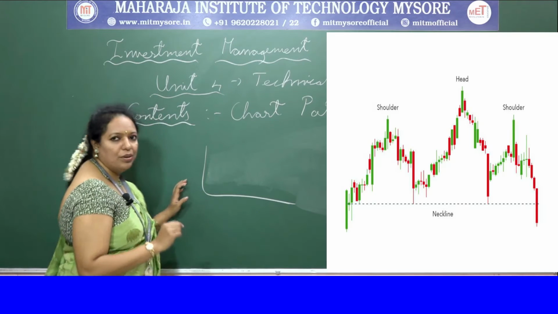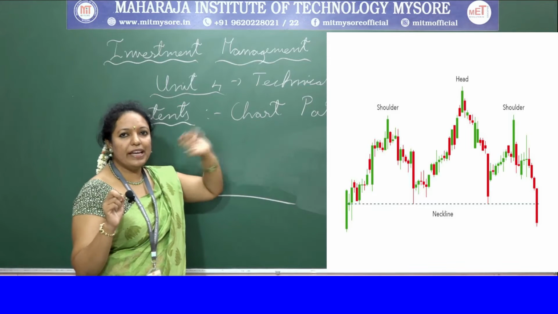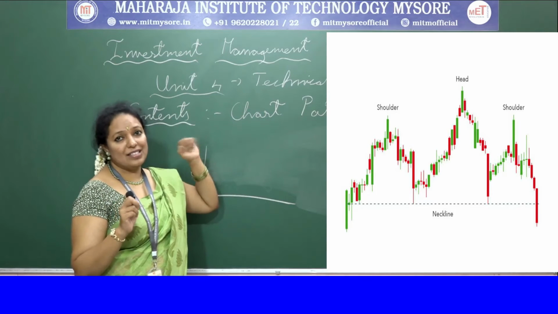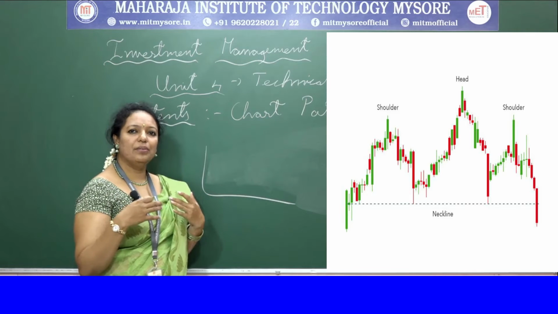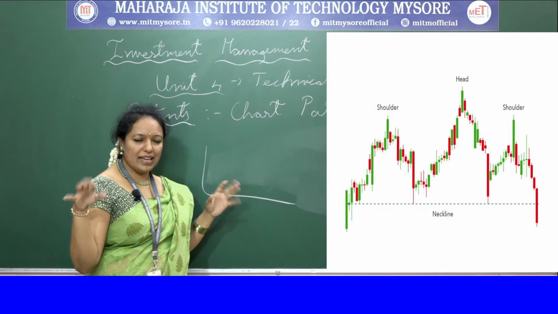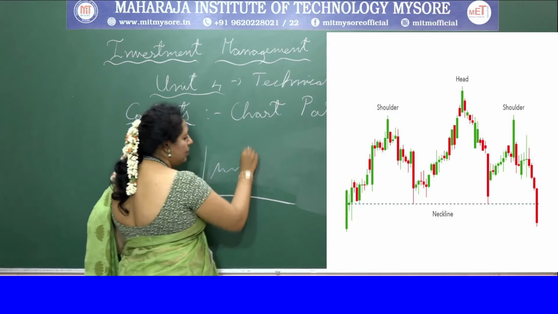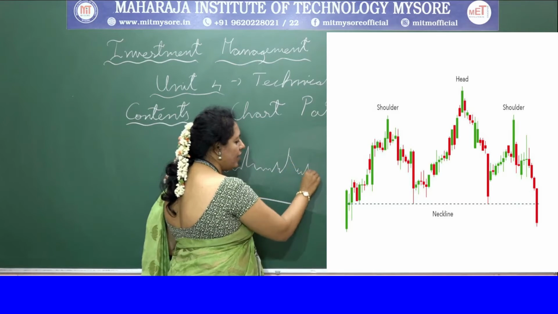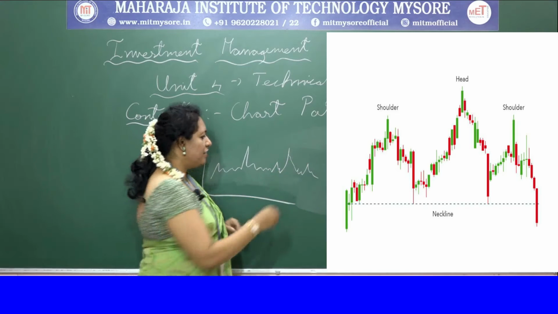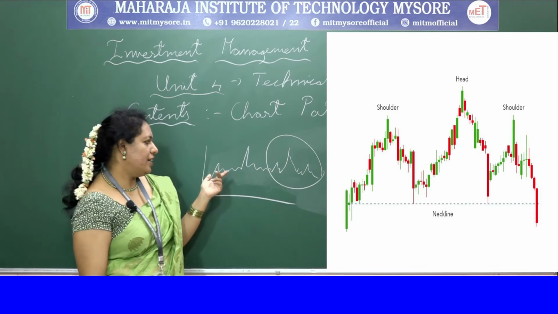So here you can see the chart where the green and red candlesticks represent the head and shoulders, where the head is on top, the shoulders are on either side, and there is a neckline. If the price rises like this, and then like this, you can identify the pattern as head and shoulders.